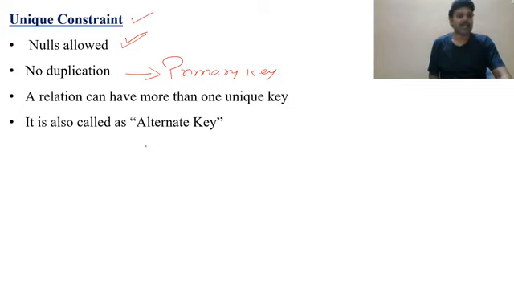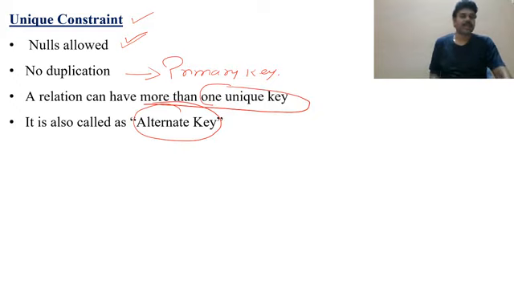And what is another difference, friends? You all need to know, most of you may not be aware of this: a table can have multiple unique keys. Unique key is also called an alternate key, whereas a table is allowed only one primary key.